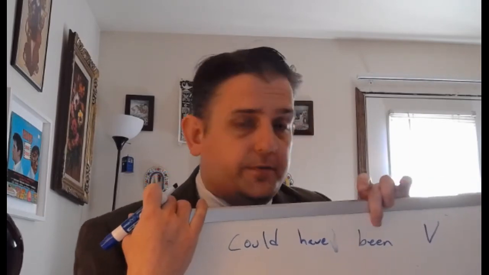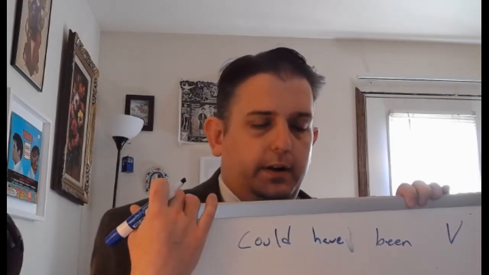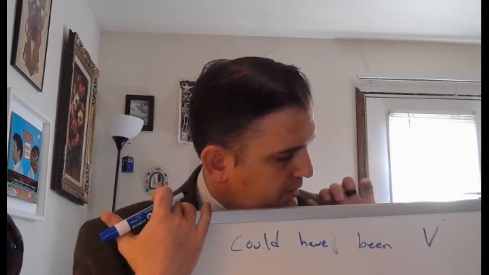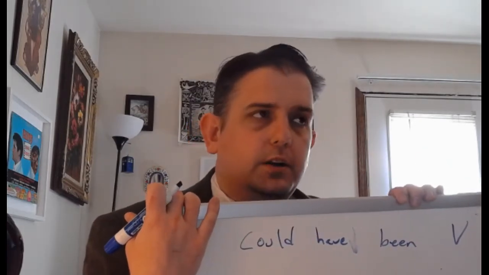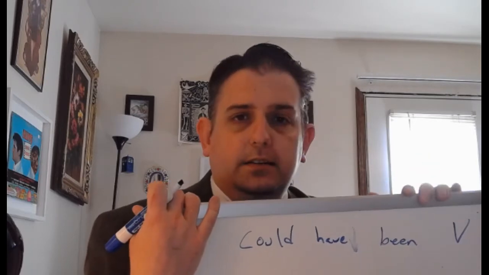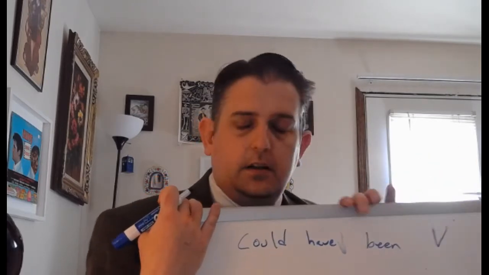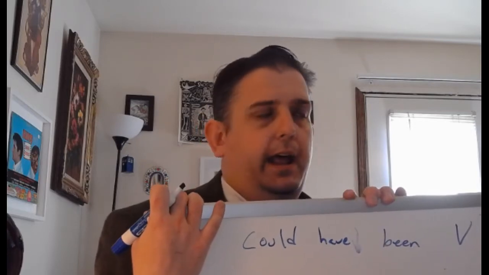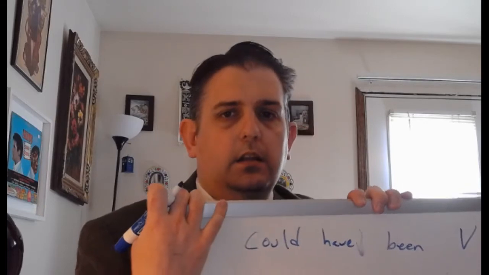If it's an auxiliary verb like be, we get it with been, or if it's the main verb, so could, well, left is not a great example because it's irregular, but eat, could have eaten, could have partied, where you get ed.